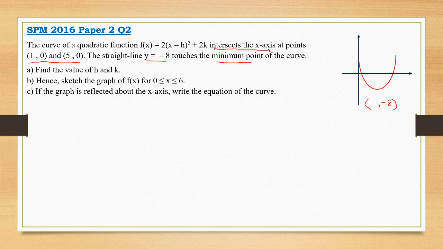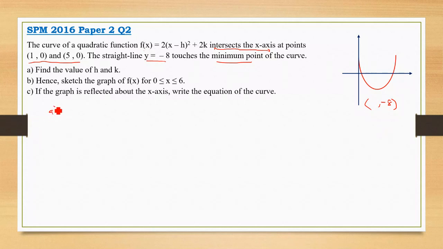But what you can see is there are two sets of coordinates given, one is (1, 0), one is (5, 0). Remember, when you're looking at a maximum or minimum point, the axis of symmetry happens at the midpoint of the two given points, where the graph intersects your x-axis. The line that you draw in the center, that's your axis of symmetry, must be the midpoint between 1 and 5. X is 1 and 5.